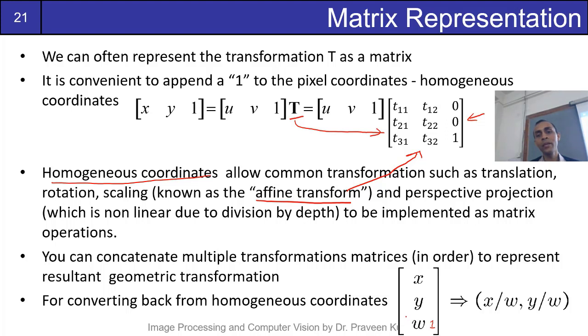So in order to get back our actual coordinate, we divide by the last value, because we have actually appended 1 here. Ideally, we should get 1 here, but if it is not 1, we divide by w so that this becomes 1. So our new x', that is the resultant coordinate in the transformed image, will be this.